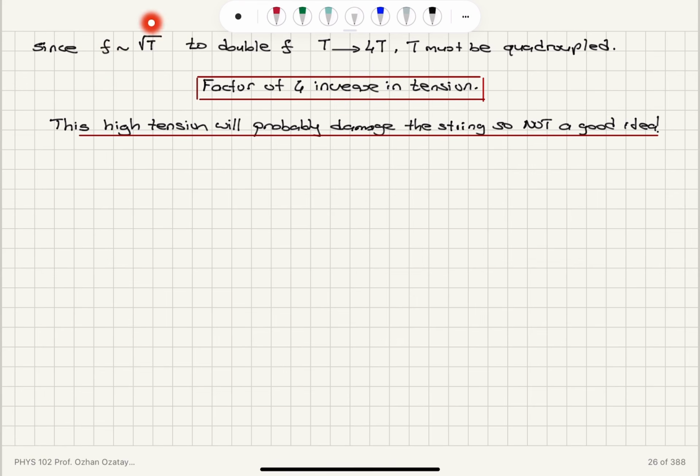To change the fundamental frequency, which is proportional to the square root of tension, by a factor of 2, we need a factor of 4 increase in tension. But this is a very high tension that will probably damage the string, so this is not a good idea.